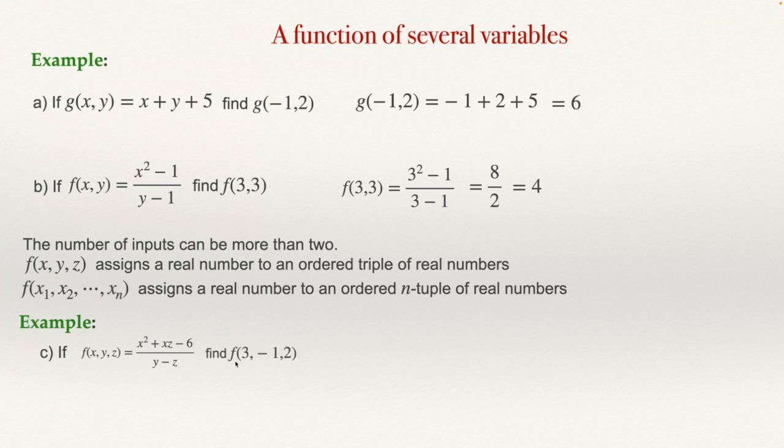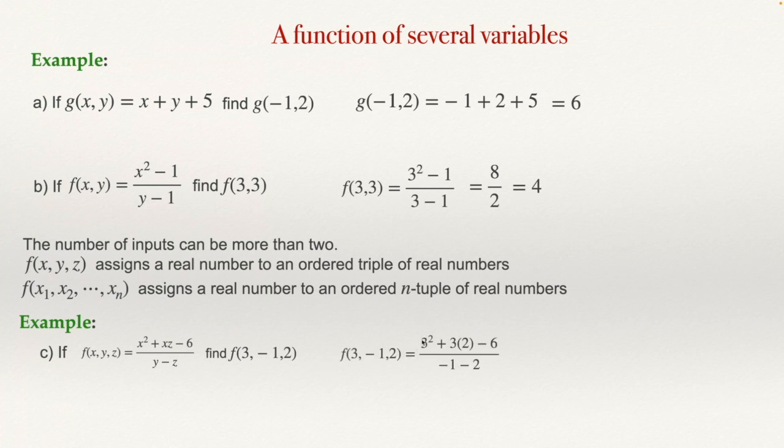And for example, if I need to find the image of this triple, (3, -1, 2), it will be 3 squared here, because the first element is 3. Then 3 multiplied by 2, because the third element is 2, minus 6, and divided by -1 minus 2. So let's do it.